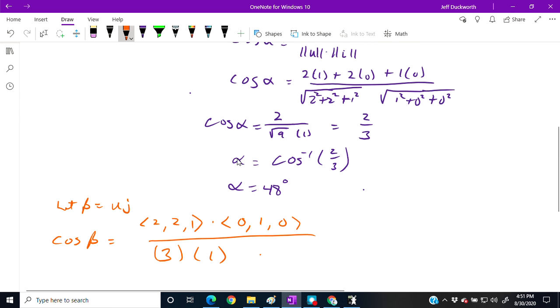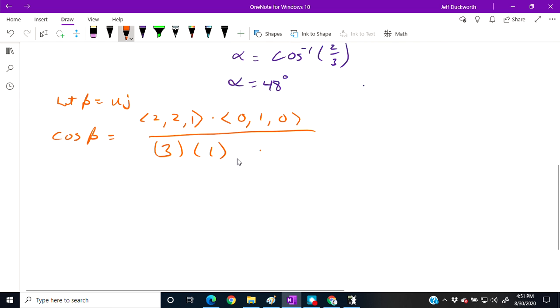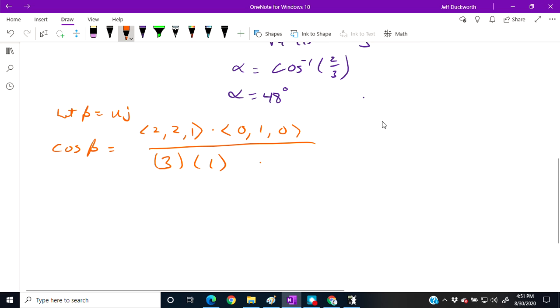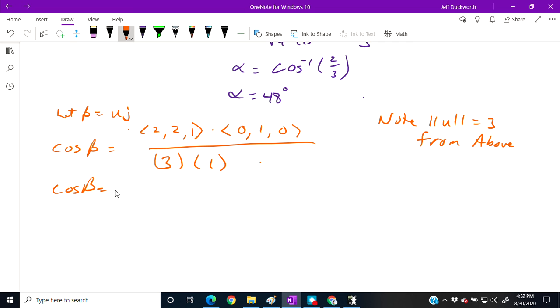So the magnitude of u doesn't change. We did that earlier. So we just really need the dot product here.